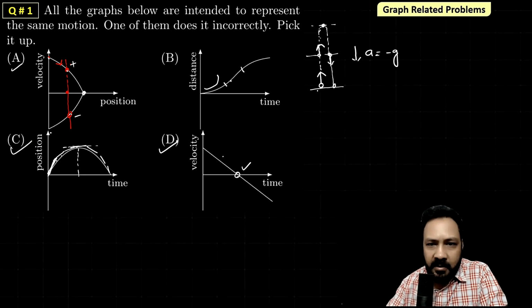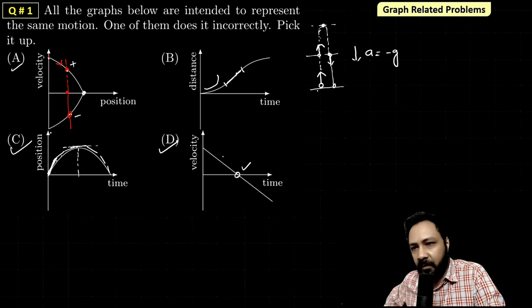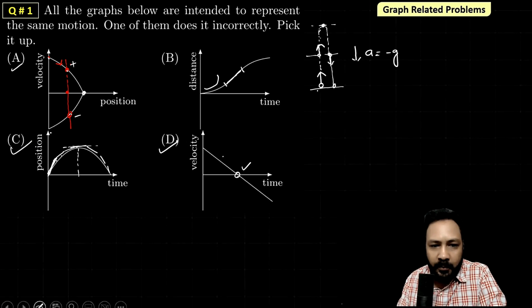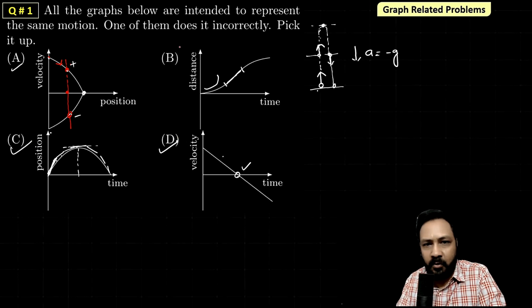And if the distance graph is a straight line, the displacement time graph would also be a straight line, and that would mean a constant velocity. And in no part of the motion does the body move with a constant velocity. So option B tells a different picture. So A, C, D represent the graph for the same motion and B represents a graph for a different motion. But we had to choose the graph which is incorrect, so we will choose option B.